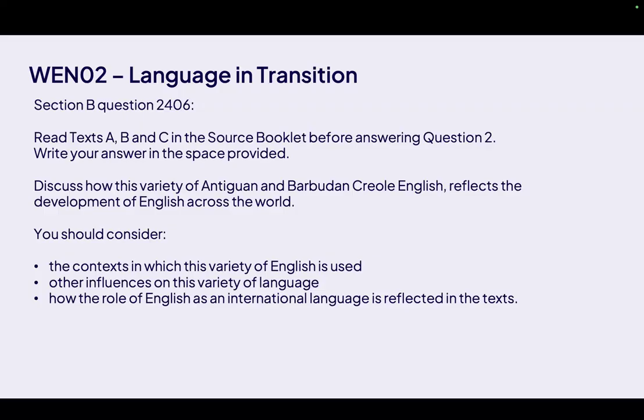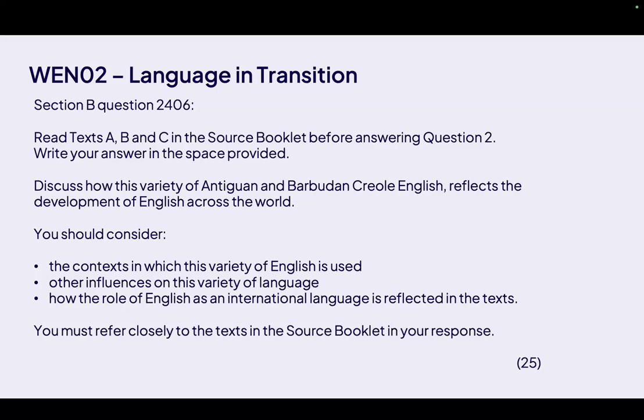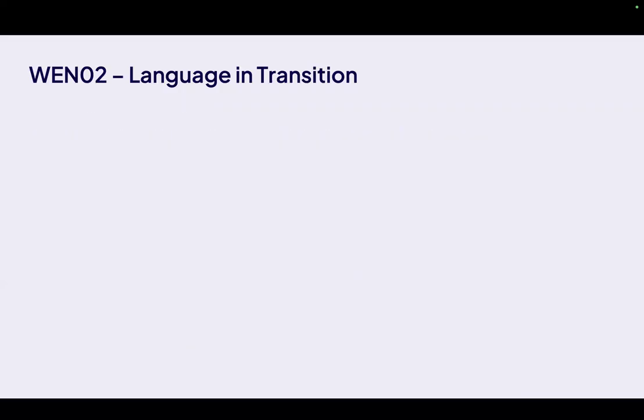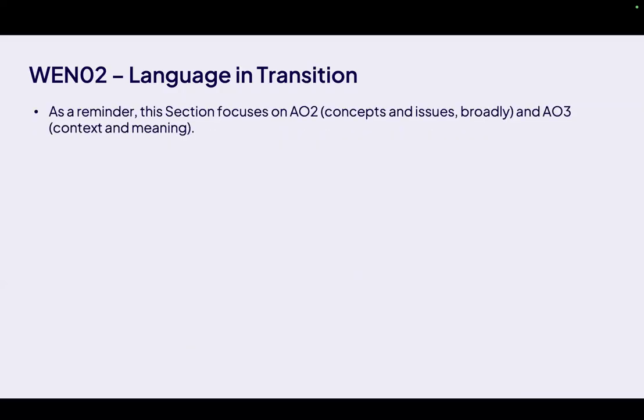So this does help them to focus on their response. And this again is 25 marks, and they have to refer closely to the texts in the source booklet. All three. As a reminder, AO2, AO3, and all three texts there.